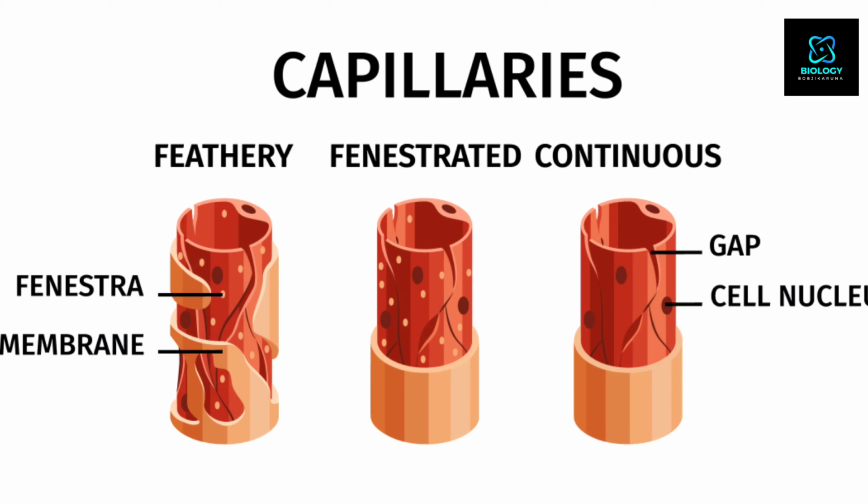Capillaries are the smallest blood vessels in the human body, responsible for connecting arteries to veins. They have thin walls, which allows for the exchange of oxygen, nutrients, and waste products between the blood and surrounding tissues. This exchange is vital for the functioning of cells and tissues throughout the body.